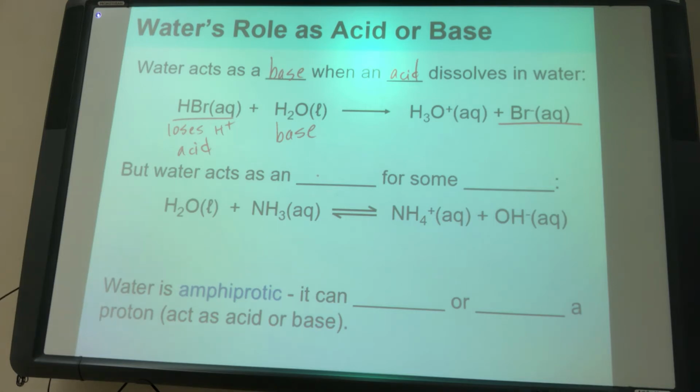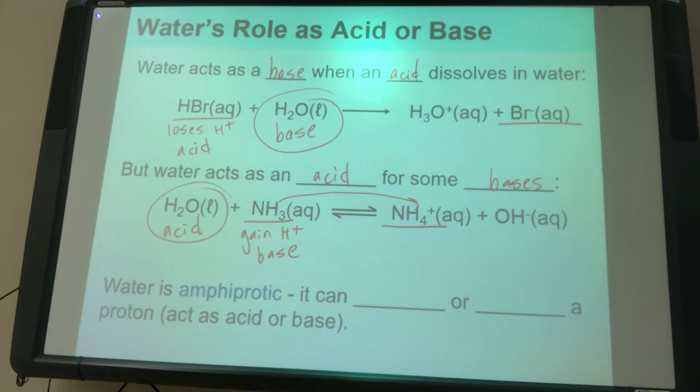But water can act like an acid when some bases are used. Let's look here. NH3, his partner is NH4 plus. What's happening between here and here? He's going to gain an H plus, so that means he's the base. What does water do? It's going to lose an H plus, so it's the acid. So in one case, water's a base, and in another case, water's an acid. How can it swap?